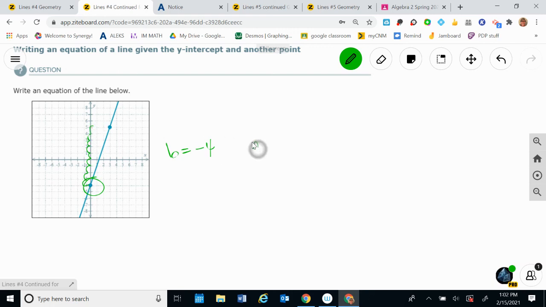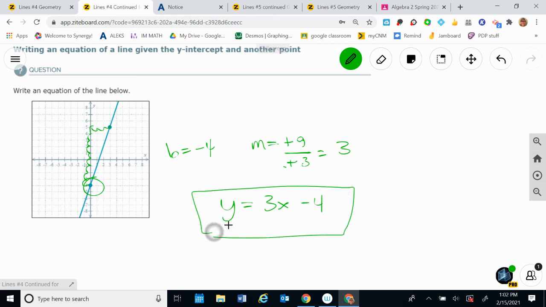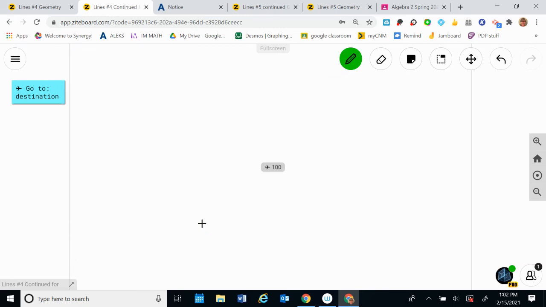We went up 9. And we went to the right 1, 2, 3. Slope is 3. Name of the line is, no, I almost put the b for the m. That was silly. Don't do that. 3x minus 4. Okay, hopefully you're starting to get this code down.